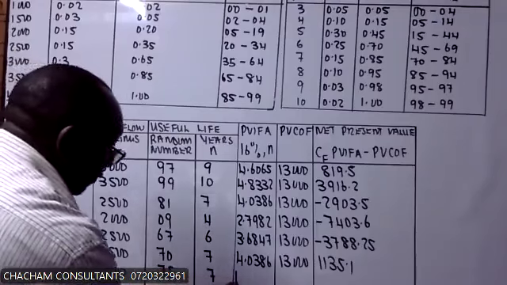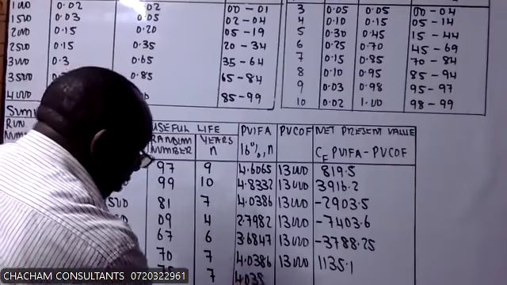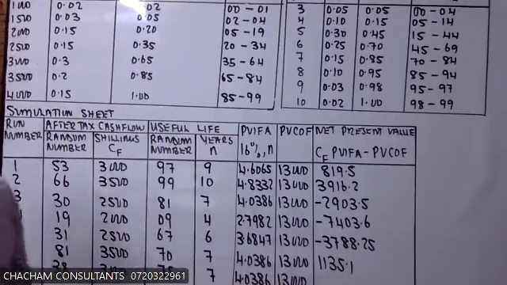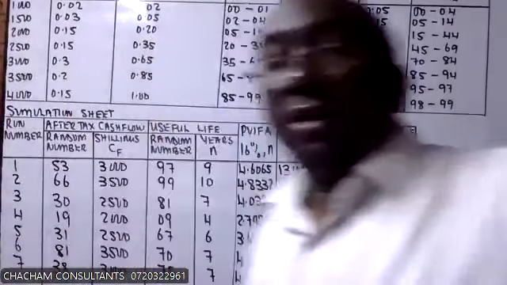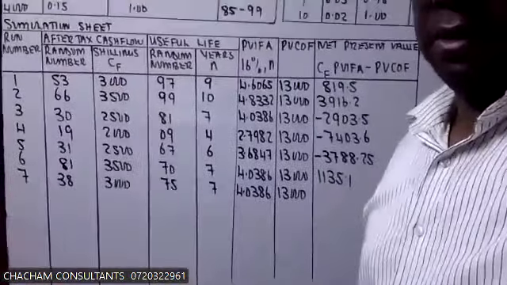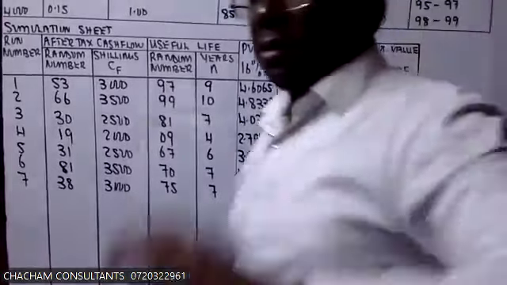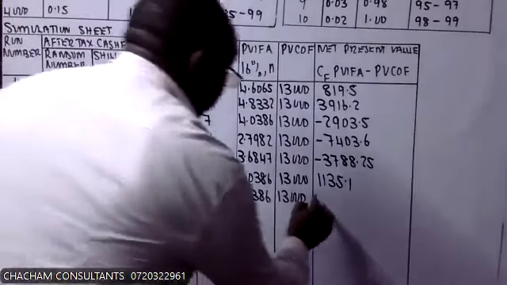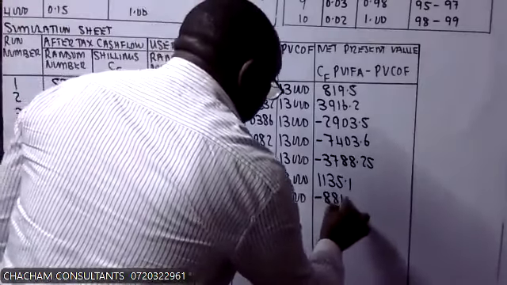So this is still 4.0386 and the outflow is 13. Negative 884.2.